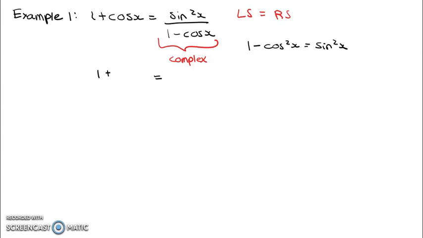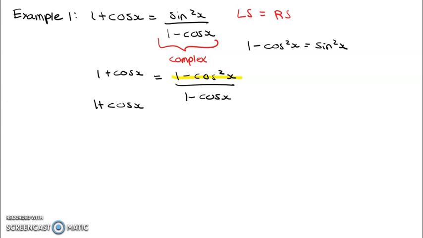Again, I'm leaving the left side alone for now. So when I do that, I get 1 minus cosine squared x over 1 minus cosine x. Now, keeping my left side the same, I'm going to factor my numerator, 1 minus cosine squared x. I'm going to factor this like I would factor a difference of squares.